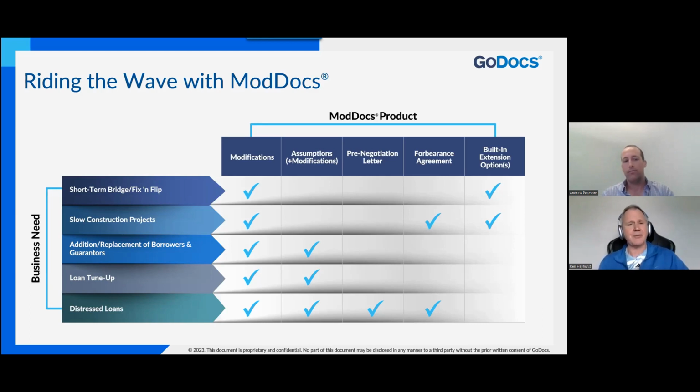We will talk about things like modification agreements, loan assumptions, whether or not they also include loan modifications. We'll talk about some distressed asset tools, things like default letters, pre-negotiation letters, forbearance agreements. And then we'll even spend a little time up front talking about a built-in type of modification, the built-in extension option. We're also going to highlight, for these different types of solutions, common situations that we're seeing in the market.